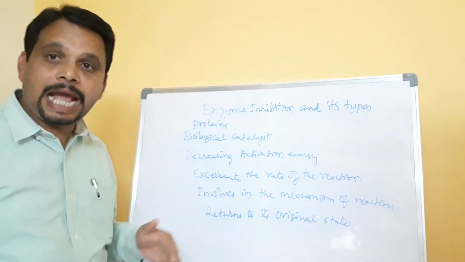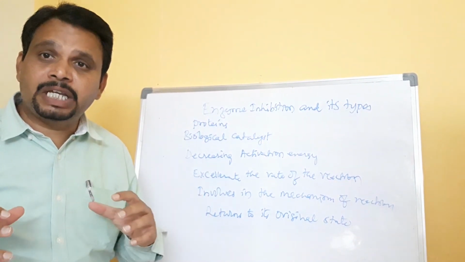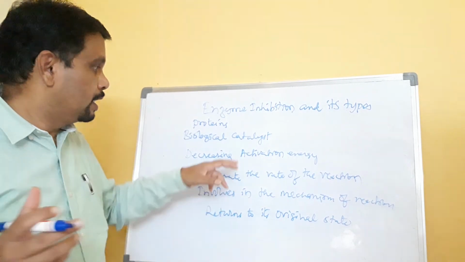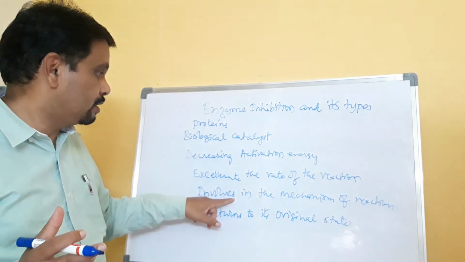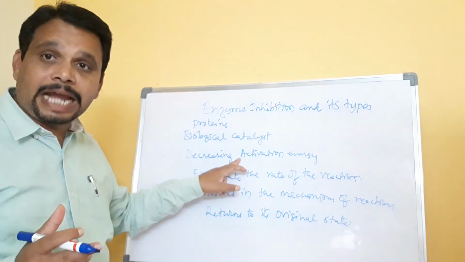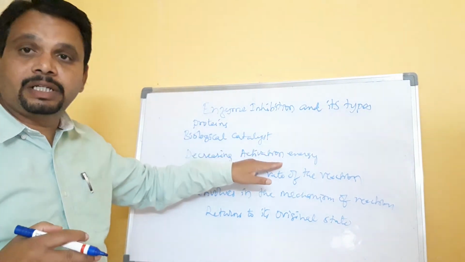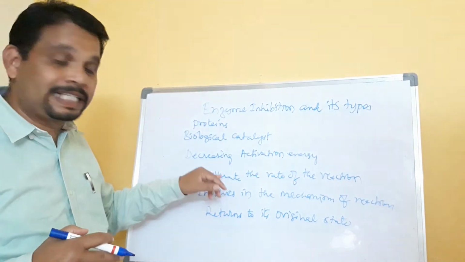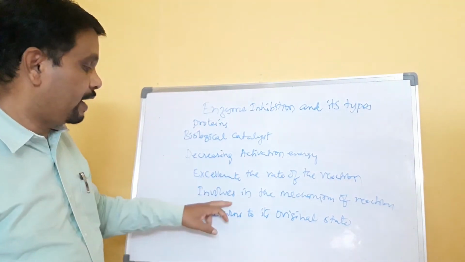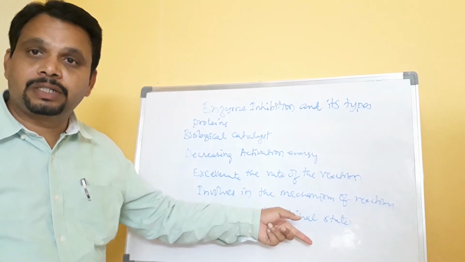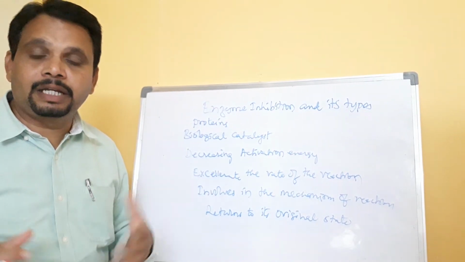That means they participate in the reactions without changing themselves. They are involved in the mechanism of the reaction, and they decrease the activation energy, so that it accelerates the rate of the reaction. Finally it returns to its original state, and again it participates in the same function again and again repeatedly.